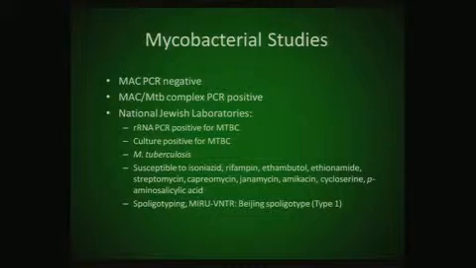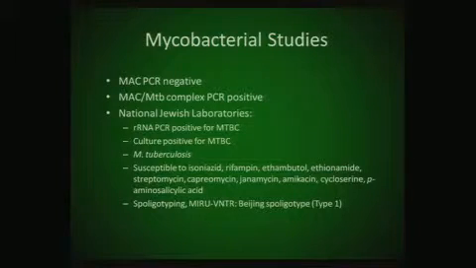So we then took samples over to Tupper Hall, and we did some PCR for mycobacterial species. The bottom line was at multiple different laboratories, the tissue samples were PCR positive for an organism belonging to the MTB complex. And at National Jewish Laboratories in Denver, they isolated Mycobacterium tuberculosis, which was characterized phenotypically, and it was a broadly susceptible organism.